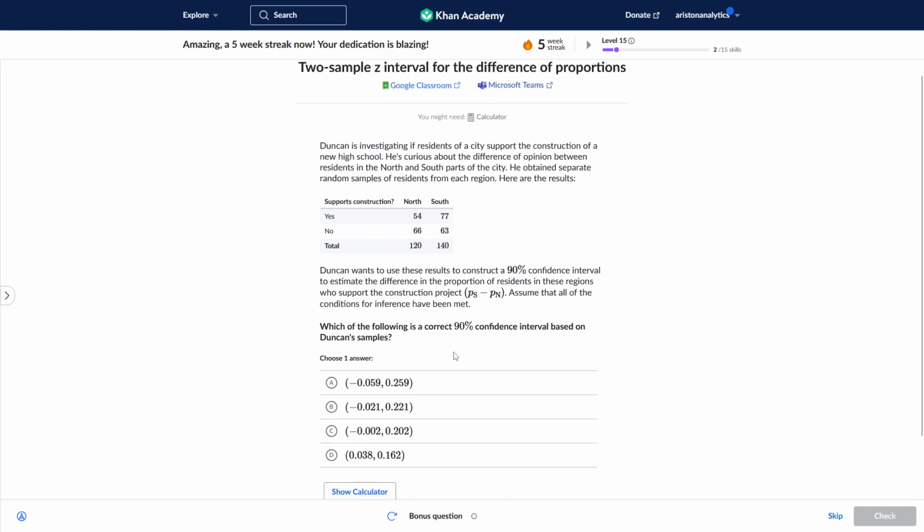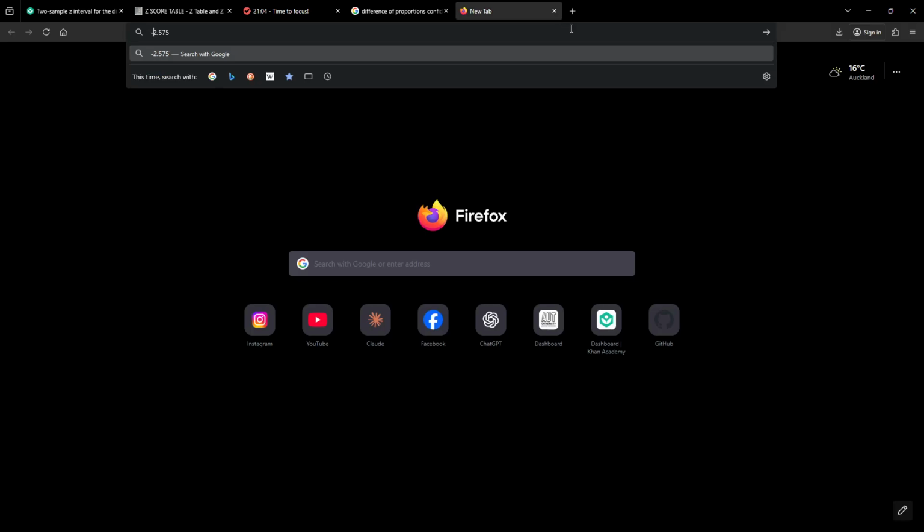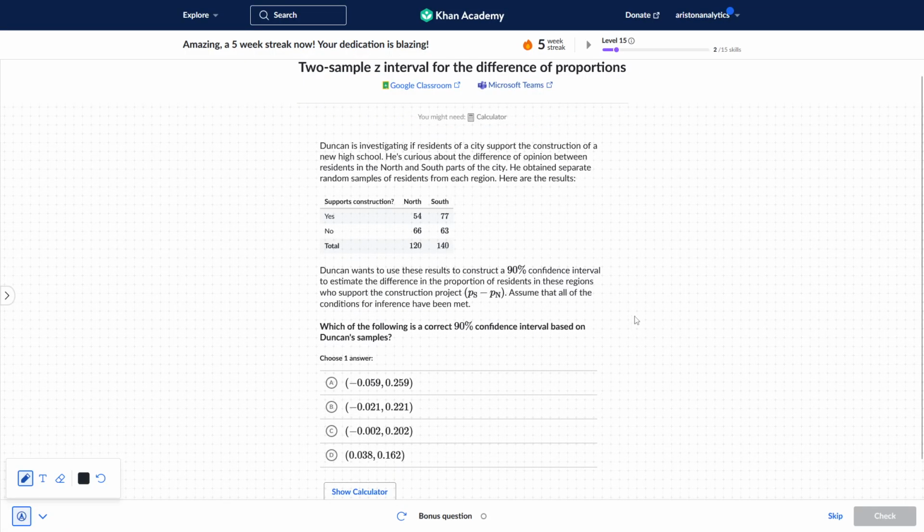Bonus question. Solve this again. Okay. P hat. Let me write down the formula first. So it's P. That's good practice. P hat north minus P hat south.